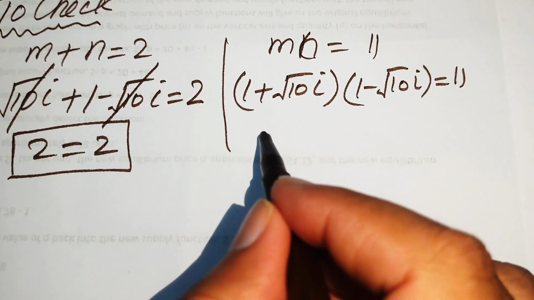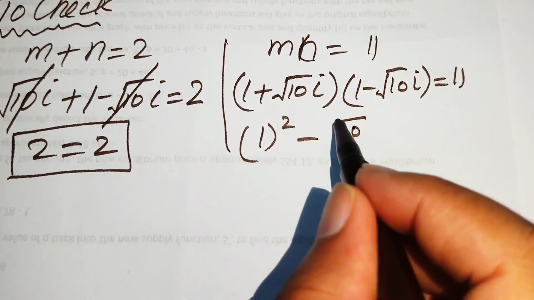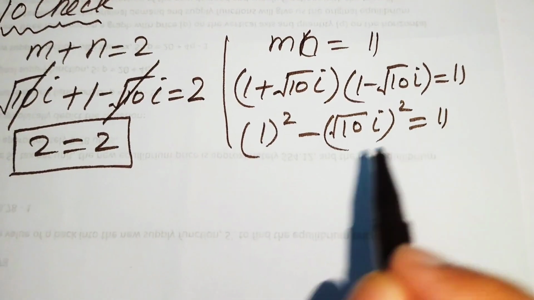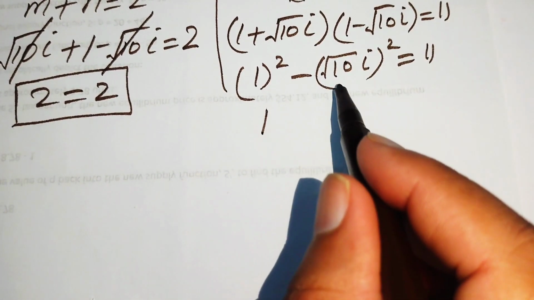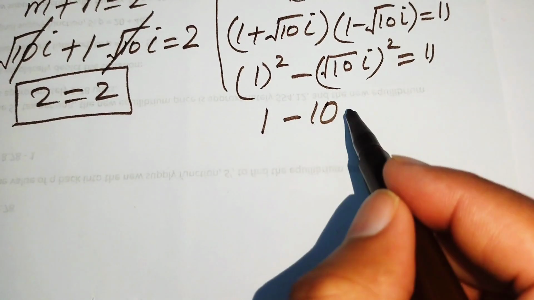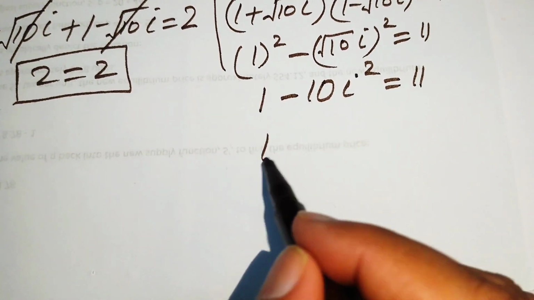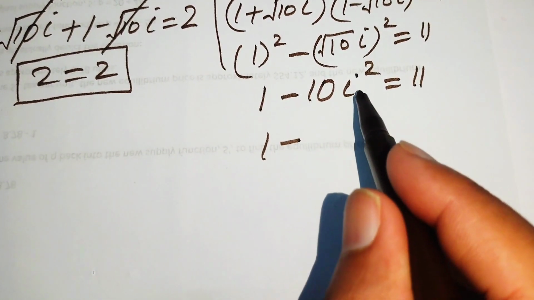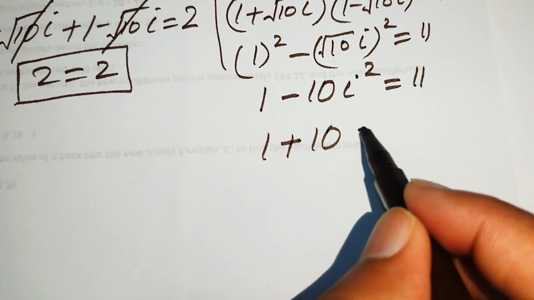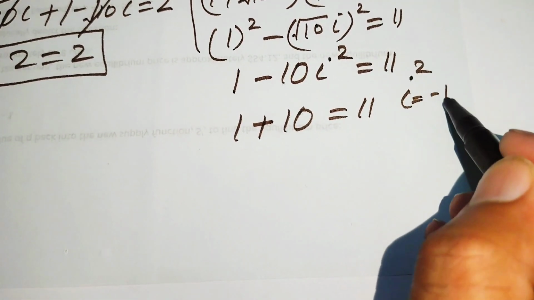And here we use the identity for the difference of squares. So we write these factors as 1 square minus square root of 10 iota square equals 11. And 1 square equals 1, and square root of 10 squared is only 10, and iota square is equal to minus 1. So this minus 1 multiplied by this minus will become plus 10 equals 11, because we know that iota square equals minus 1.